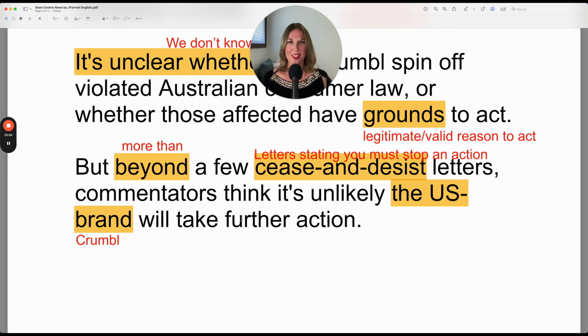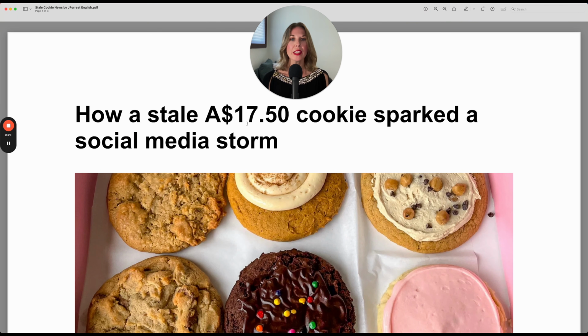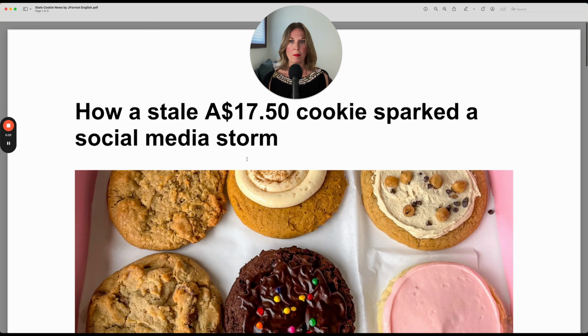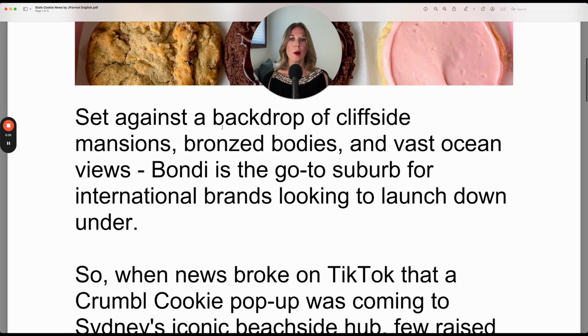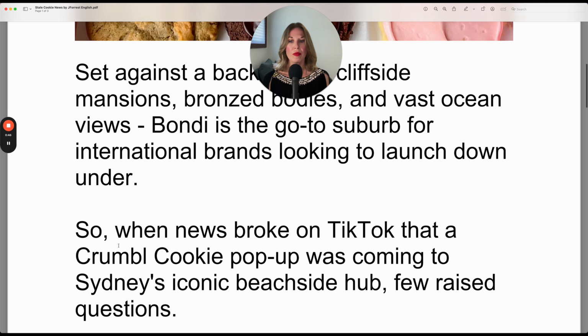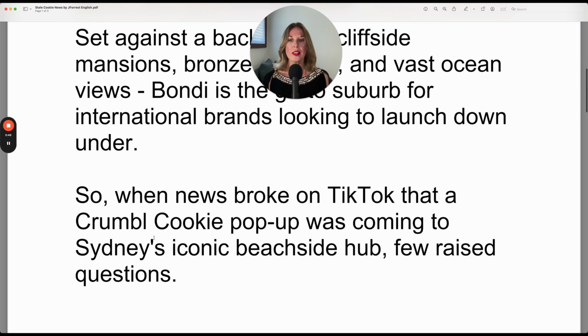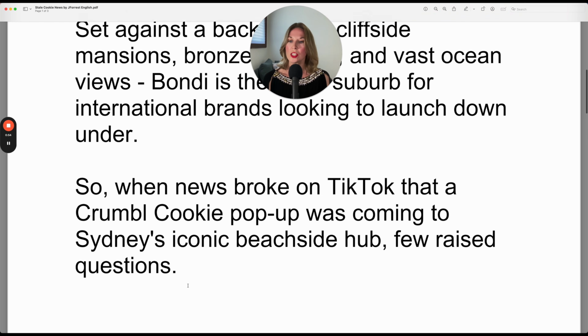How a stale $17.50 cookie sparked a social media storm. Set against a backdrop of cliffside mansions, bronzed bodies, and vast ocean views, Bondi is the go-to suburb for international brands looking to launch down under. So when news broke on TikTok that a Crumbl Cookie pop-up was coming to Sydney's iconic beachside hub, few raised questions.